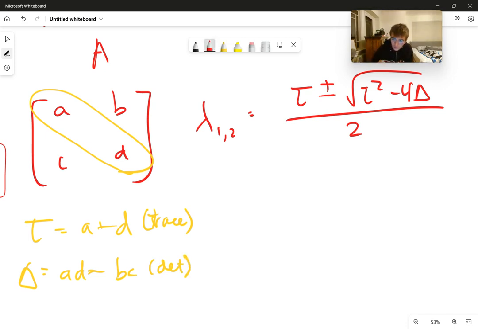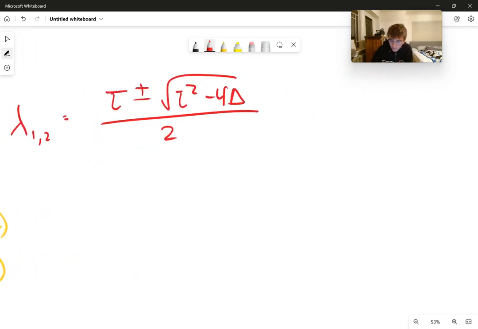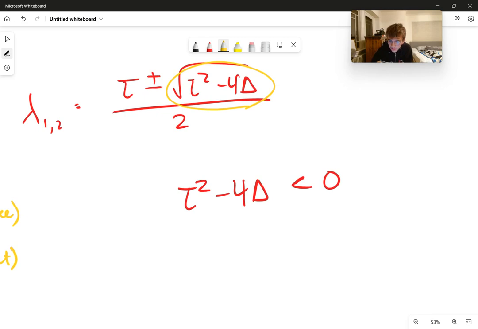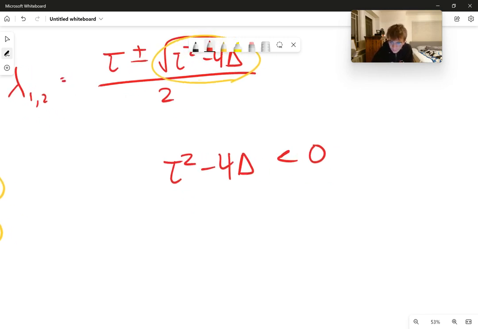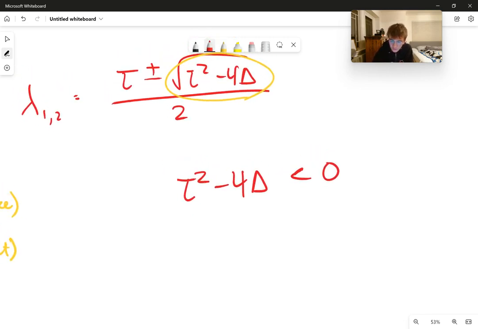Now, when this thing becomes complex, that essentially means that tau squared minus 4 determinant is less than 0. So the entry of this square root becomes negative, and we get complex eigenvalues, okay? And so there's a few distinct cases that are important.